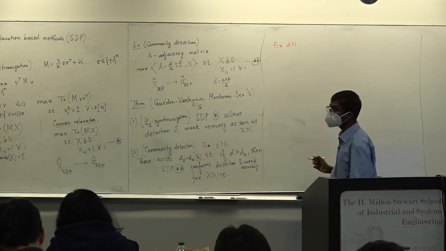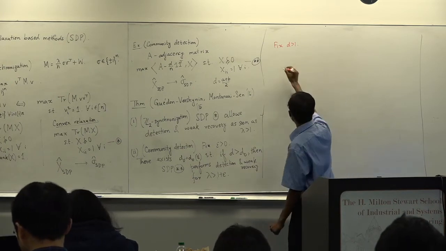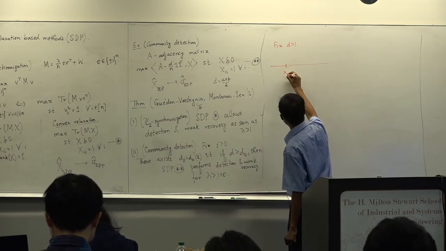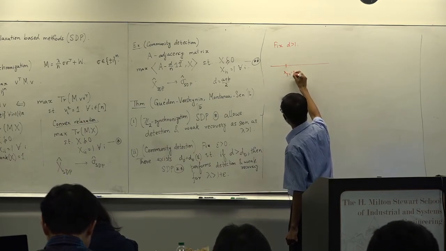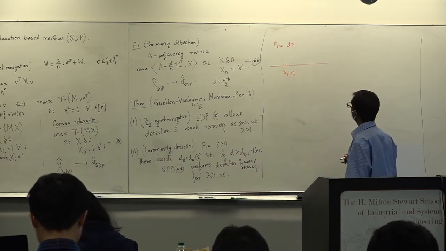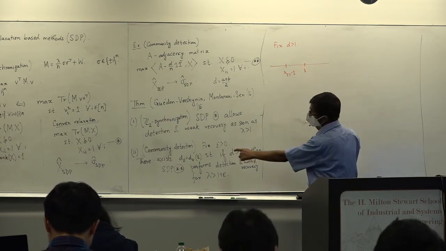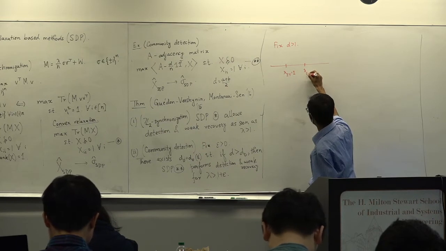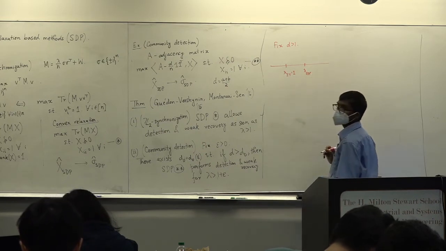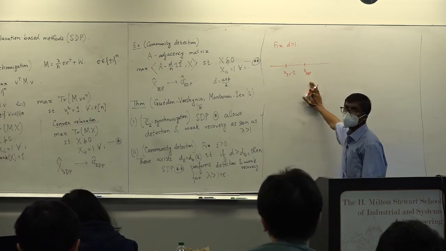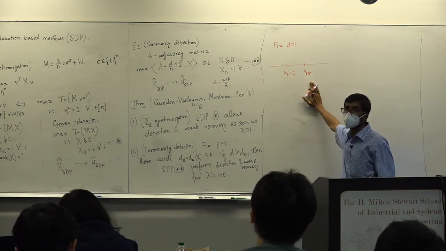Let's say you fix d to be 5 or something. Then you have your information theoretic threshold, which is 1. And in principle, you have the particular value of lambda at which the SDP starts to work. Right? By definition, lambda SDP is to the right of the information theoretic threshold. Right? That's the definition.